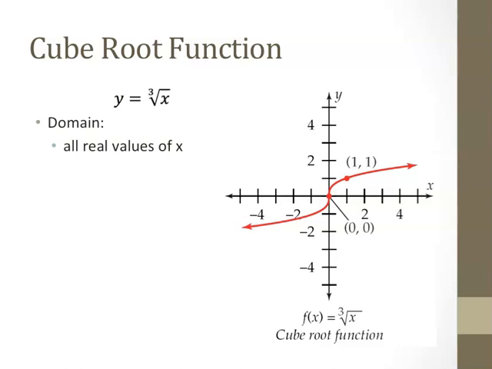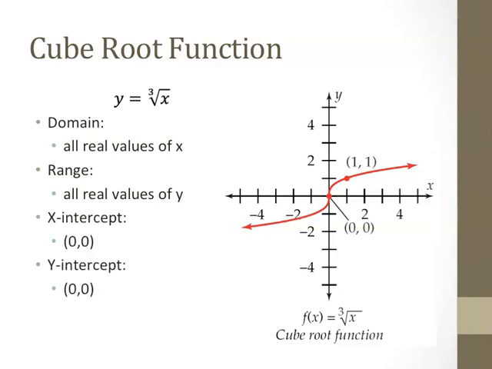You can take the cube root of a positive or a negative value. The range is going to be all real values of y. Again, once you take the cube root of a positive value, it's positive. The cube root of a negative value is negative, so you can have values of y that are both positive and negative. And then we see that it crosses at 0, 0, so that is both the x and y-intercept.